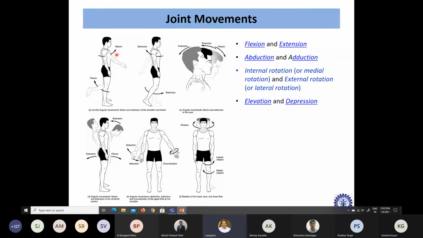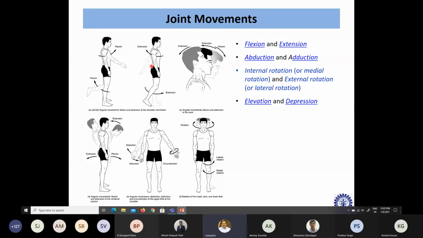So flexion and extension are just opposite movements. You flex your knee like that, you flex your arm. And extension is putting your arm towards the back, and when you straighten your knee, you are extending your knee.